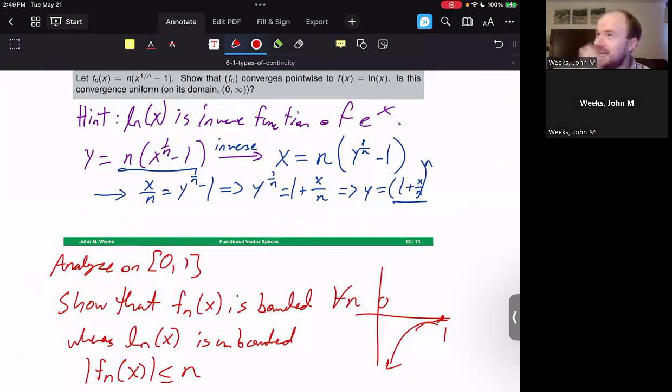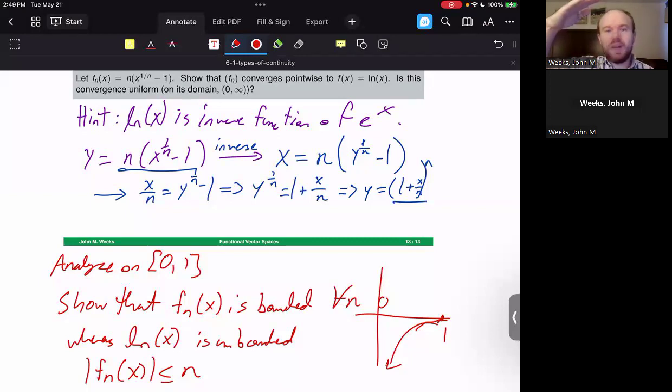And so how are you going to get a uniform convergence for this? I think you need to be able to choose a delta so that you're always within an epsilon window of the natural log function, when you can never get even close to anything that's down at the lower part of this function.